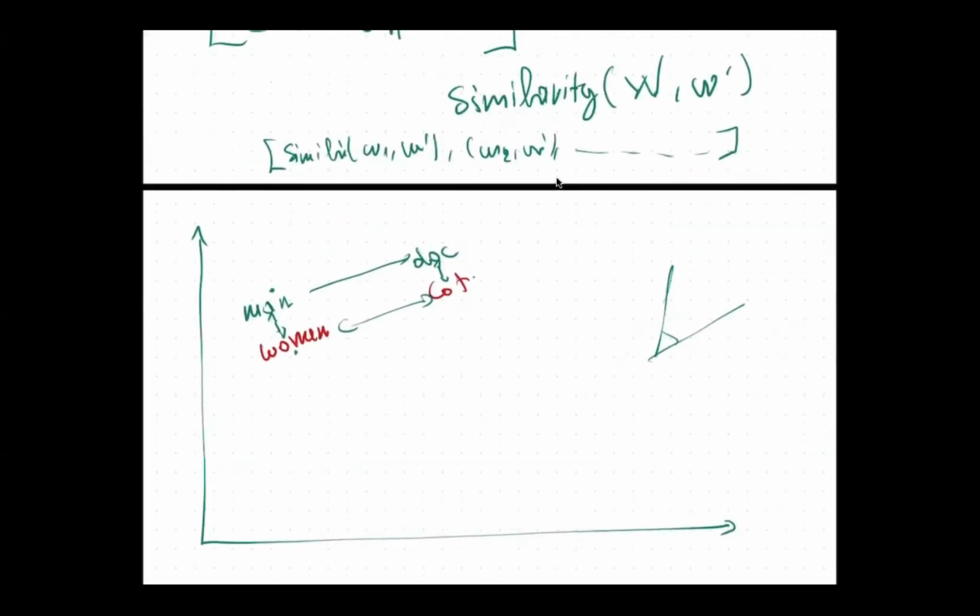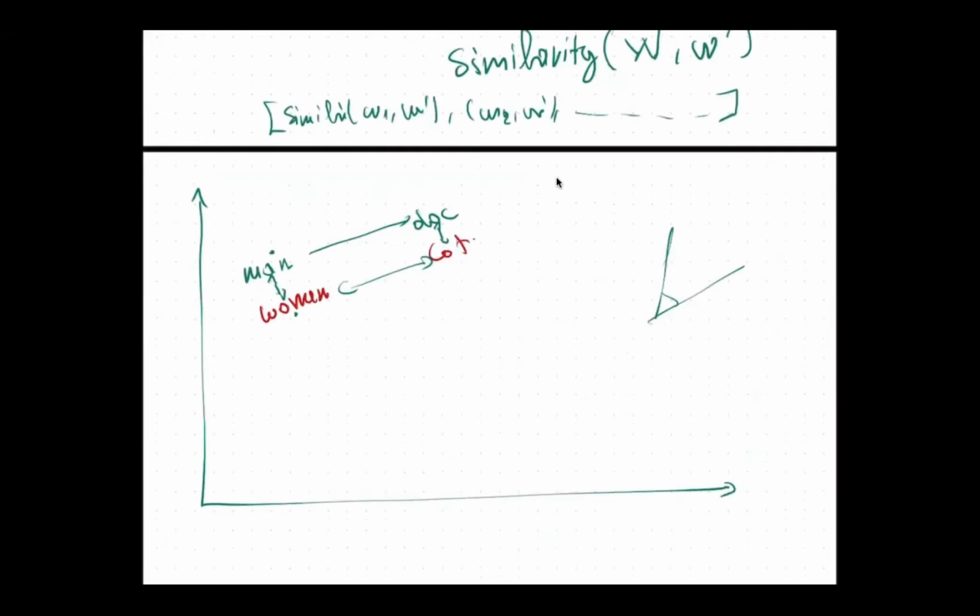So here you have an example. In an embedding, if you have, for example, men and women, a good embedding will tend to embed men and women close to each other, men and dog far from each other, and dog and cat, for example, close to each other.